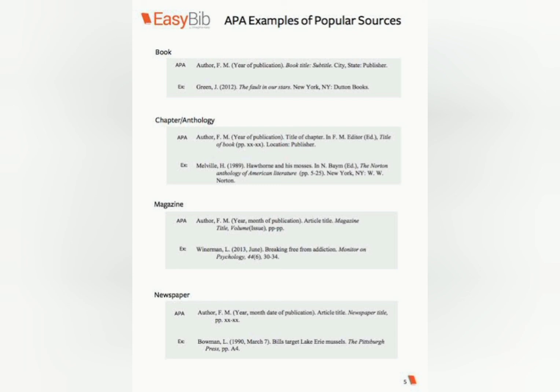These APA examples are written at the end of your research paper, but I have provided them first because whenever you search for information from the internet, books, magazines, newspapers, chapters or anthologies, these are the examples on how to convert to APA.